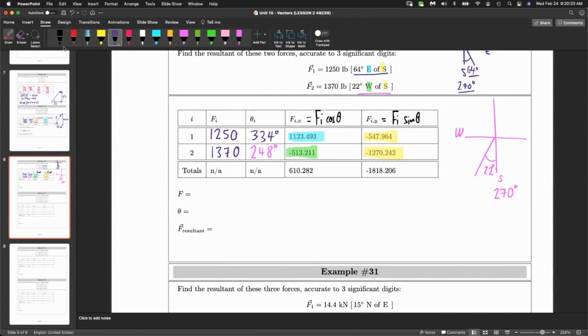So eventually, you get those two quantities for the x direction, you can add them together, and the same thing for the y direction to get those totals. That allows us to draw a triangle. So let's do the triangle here. And notice that it's not east and north anymore. Thank goodness, because hopefully that was getting a little bit irritating that they're all the same. This vector is going to be over here, and that component is 610.282.